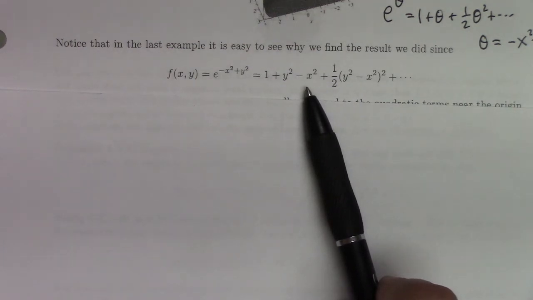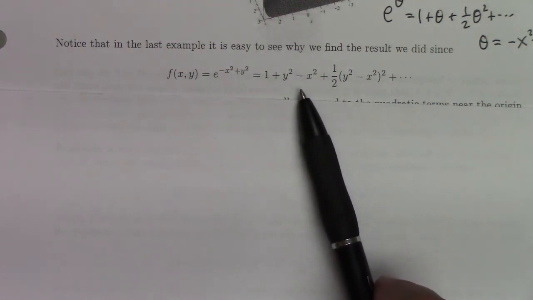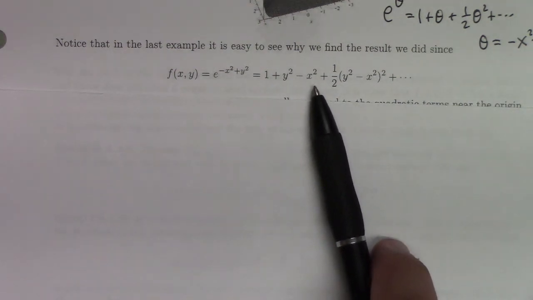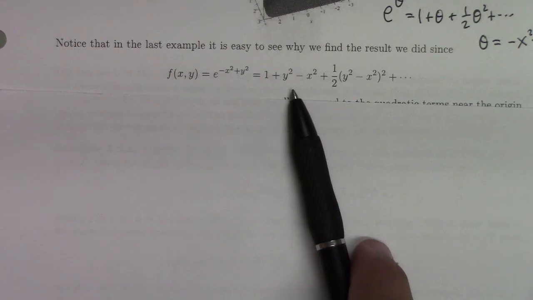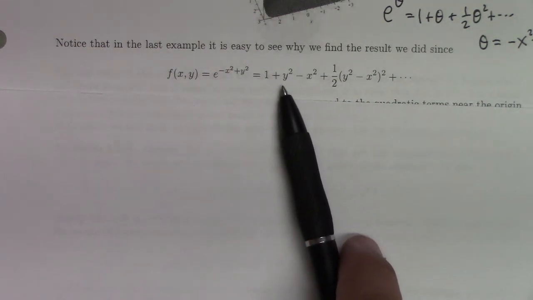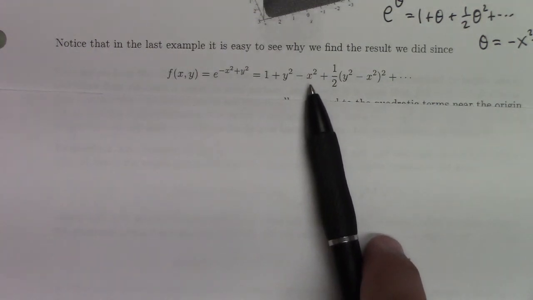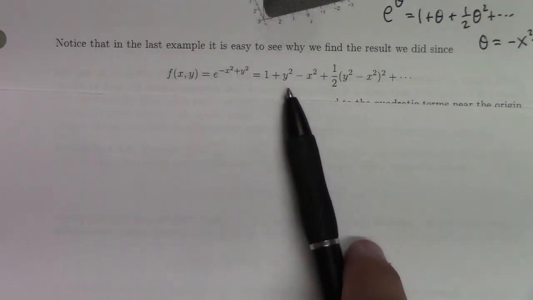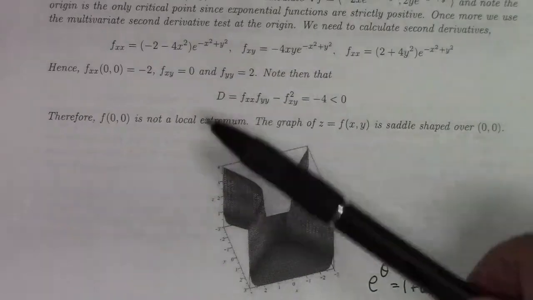And as such, it's a saddle. In other words, you got a plus squared, you got a minus squared. So if you hold x at 0 and let y go larger than 0, it's going to increase, whereas if I hold y equal to 0 and let x go non-zero, it's going to decrease from 1, and so it's a saddle. You can see all of that from this formula without going through all this fancy stuff.